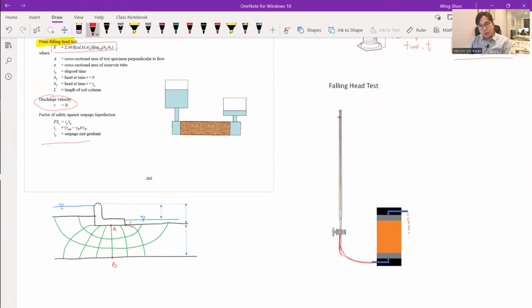This time you don't need to collect water with a graduated cylinder, but you let the water level drop. That is the water level before you open the valve, so you have an initial head, which we call h1. Then you open the valve and time yourself. At a certain point, t1, the water level drops, and then you close the valve, and you have another head right there.